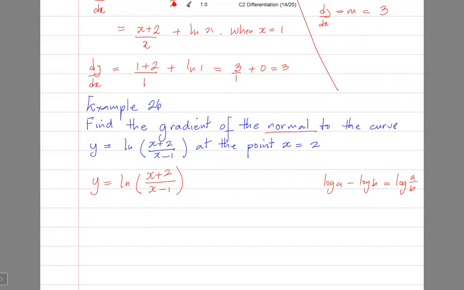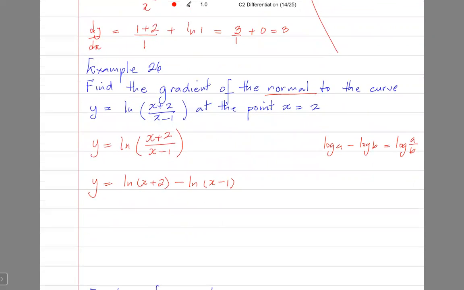So if I'm subtracting logs and the base is the same, I can make it into one log by dividing. So I'm going to do a reverse application of this law to say that y is equal to ln(x plus 2) minus ln(x minus 1). So it's a reverse application of a law of logarithms.